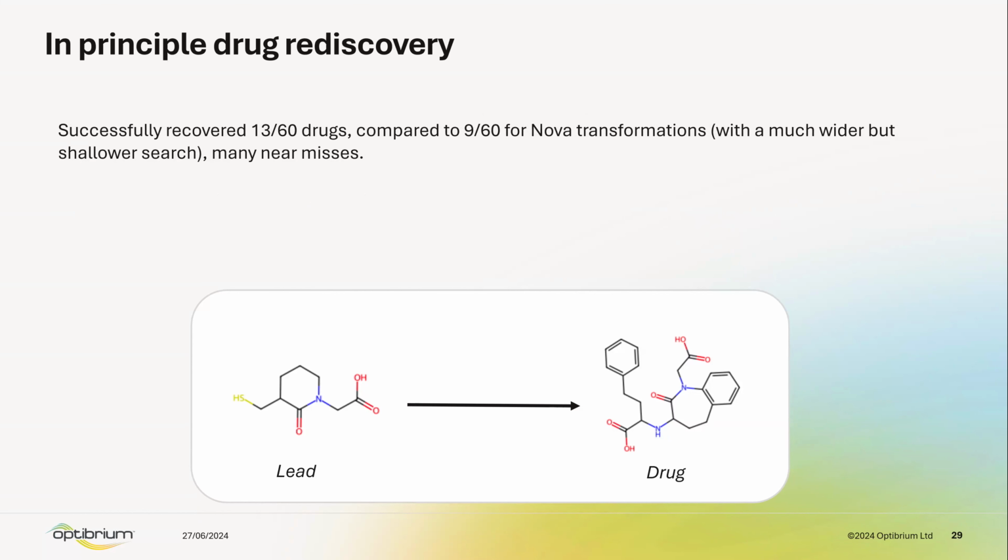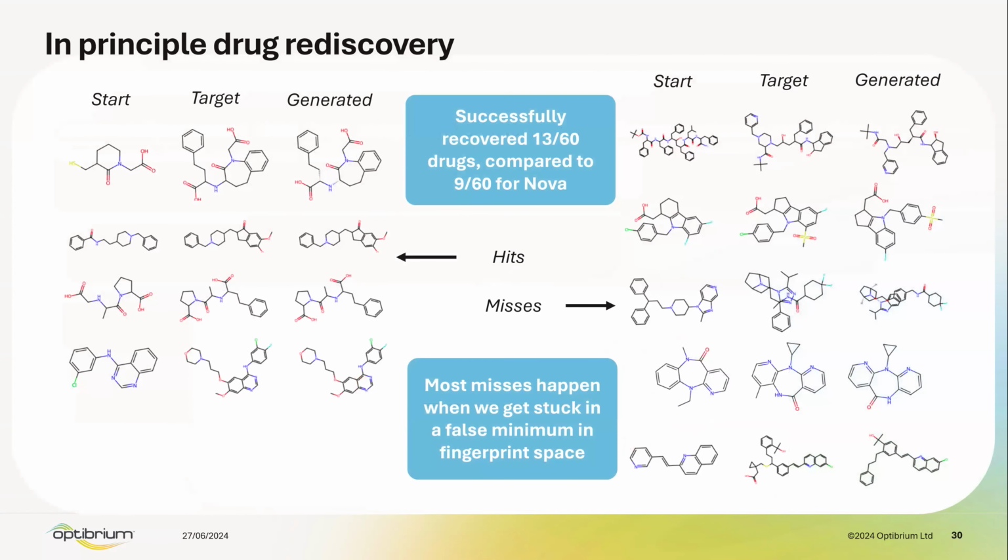And we have a lot of near misses. So these are hits on the left where we've successfully recovered the target compound, and misses on the right where we've not successfully recovered the compound. The 3 columns are the starting compound, the target compound, and the closest generated compound.